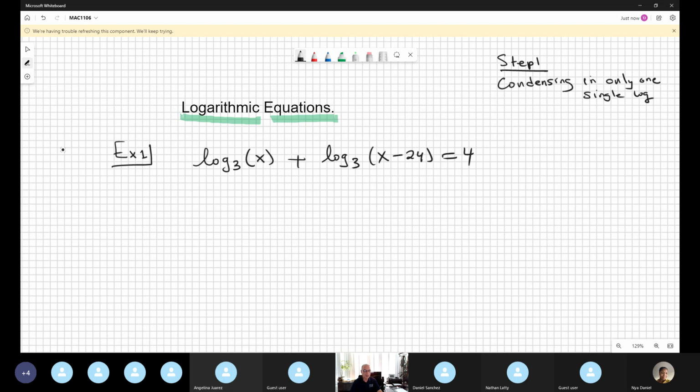And you apply, in this case, property number 5. It's the property that is fantastic when it's plus and multiplication. So, logarithm base 3, only one time, because you condense this and this into only one. And inside the argument, you have x times x minus 24. And this operation is times, multiplication. Anyone follow me?